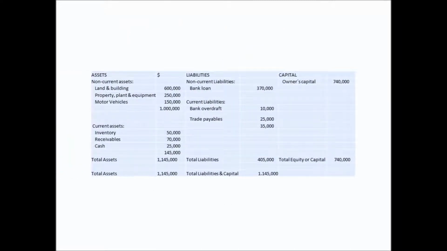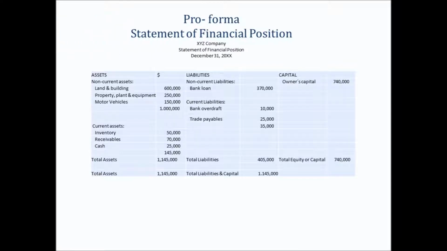Let us put the balance sheet in a horizontal view in order to better understand the balance sheet equation. So if you have with you a calculator, please try to prove the balances of the accounts in the balance sheet, starting from the assets, the liabilities, and capital.